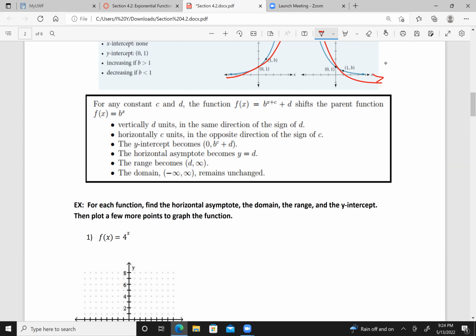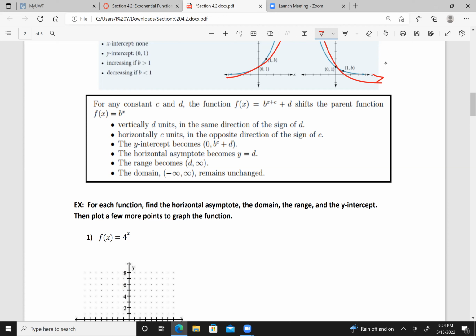This is just like what we did before. The y-intercept becomes (0, b to the c, plus d). The horizontal asymptote becomes y equals d. The range becomes d to infinity, and the domain, negative infinity to infinity, remains unchanged.